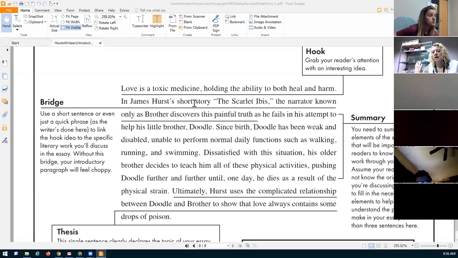So if you were going to be talking about clean water, for example, that's where you're going to introduce your topic of clean water and tie it to your summary. Does that make more sense? It's just one sentence where you're tying it to your summary, where you're bringing your hook and your summary together.